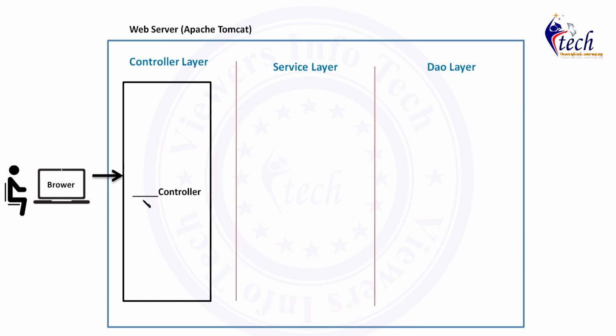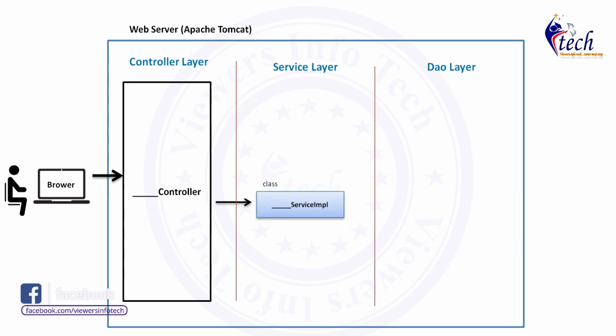Suppose you want to book a product: book product controller. Inside the controller, it will call the service layer. In the service layer, we have interfaces and service IMPL classes. Again, the blank indicates your task name or module name. The service IMPL implements the interface.